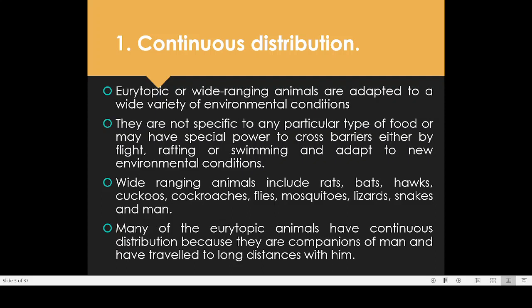Then, they are not specific to any particular type of food. That is another peculiarity. Human beings have no specific restriction. They can survive on purely vegetarian food, purely non-vegetarian food, or a mixed type of food.